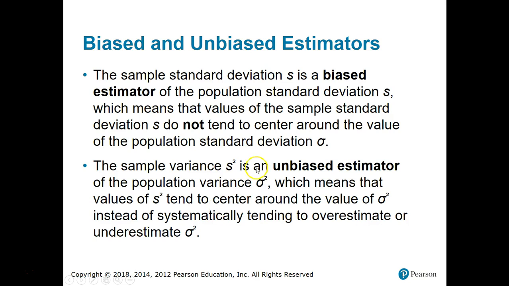Usually what you are trying to do is take a sample and make conclusions about the general population. This is usually how statistics will work. We want to find out about the whole population, but we cannot get information on the whole population. So we take a sample and try to get as unbiased a sample as we can, and then try to get as unbiased an estimator as we can.